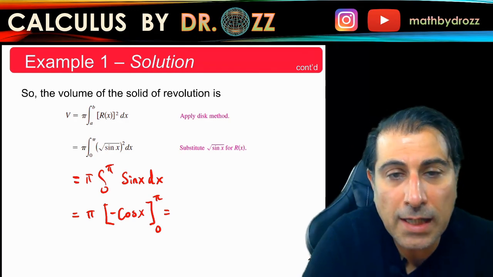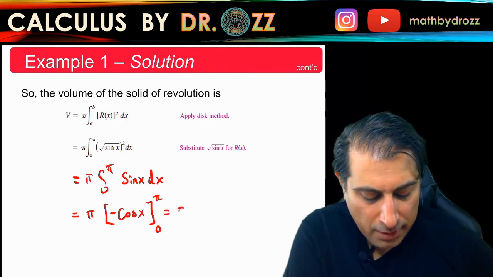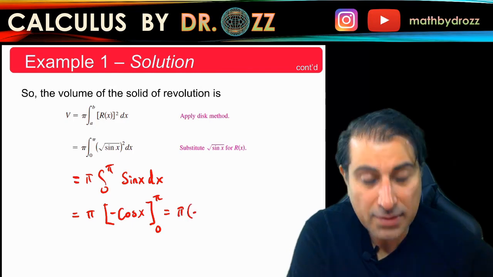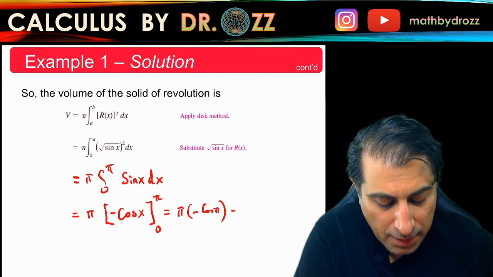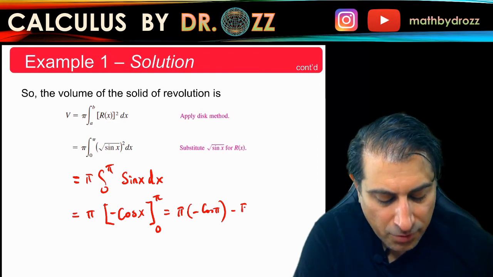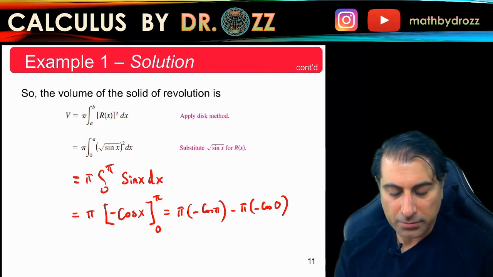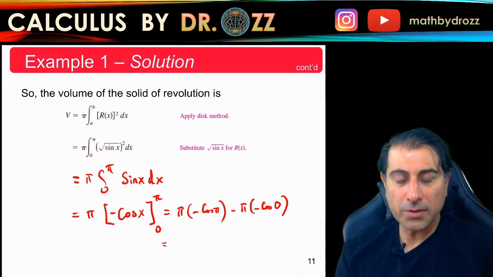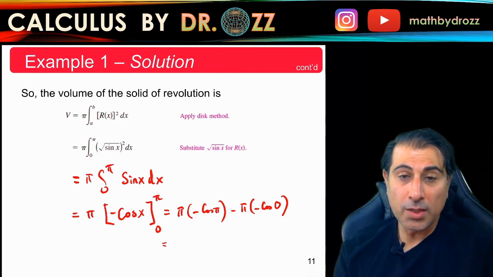First, we're going to substitute the upper limit, so it's pi times negative cosine pi, minus, we're going to substitute the lower limit, pi times negative cosine 0. And go ahead and use your calculators, or if you know those values, just use that knowledge. So cosine pi is negative 1.